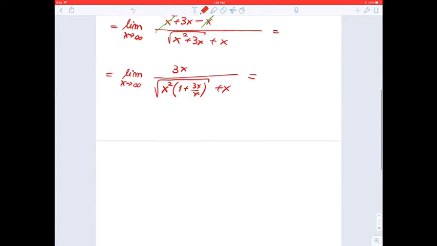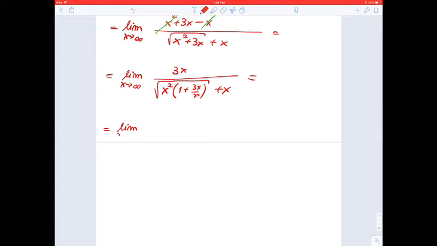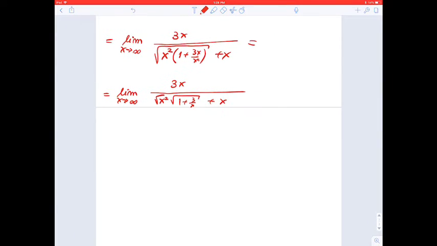And now, limit at infinity, 3x over x times the square root of 1 plus 3 over x, plus x. We may notice that the square root of x squared is just x, if x goes to positive infinity, of course. Okay, so we do have x times the square root of 1 plus 3 over x, and plus x.